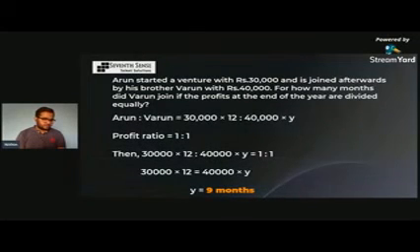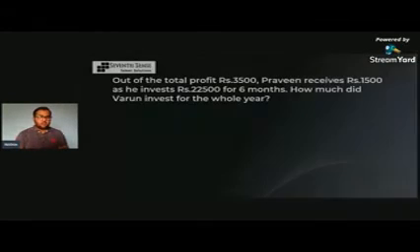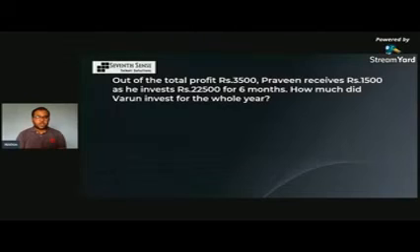Superb. Answer will be 9 months. All right. So I'll just consider X because he is investing that time. I've considered X as the duration that he is investing. You can consider that also. You will get the answer. Go on to the next question.